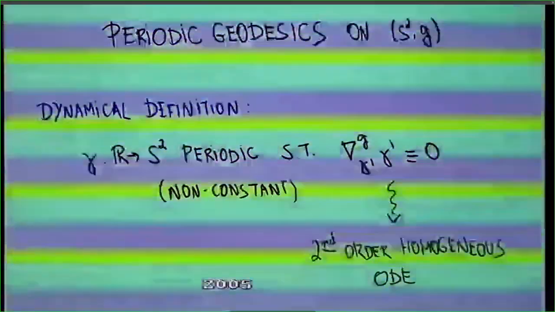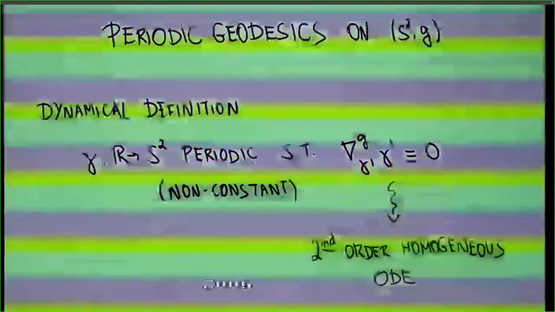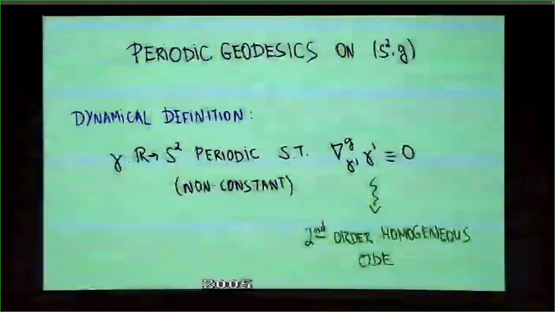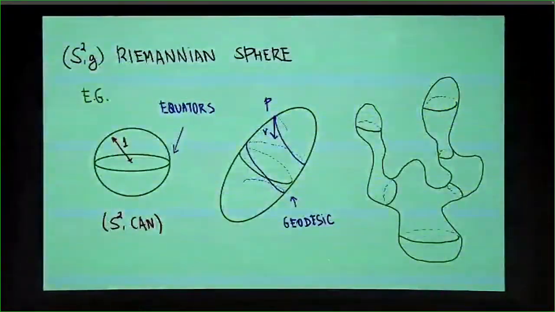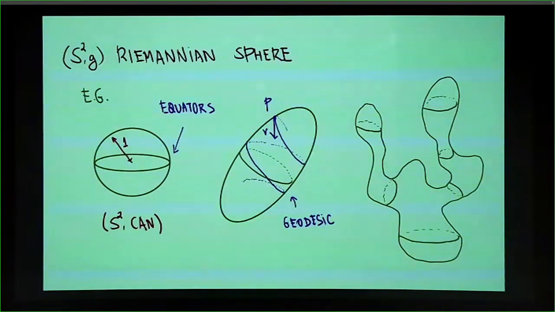So if you think of the existence theorem for ODEs, it will tell you, for example, let's have a look at this picture here. If I give you a point in the sphere, and if I give you a tangent direction at that point, then I can solve the ODE for geodesics and find, at least close to that point, a geodesic that goes exactly through that point with that given velocity vector.